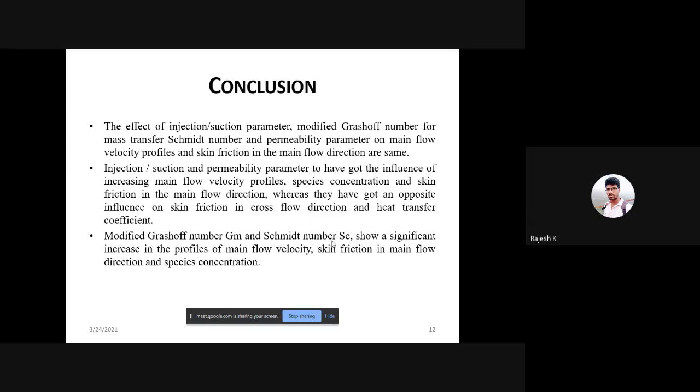The injection suction parameter and the permeability parameter increase the main flow velocity profile, species concentration, and skin friction in the main flow direction, whereas they have an opposite influence on skin friction in the cross flow direction and the heat transfer coefficient. The modified Grashof number GM and Schmidt number SC show a significant increase in the profile of main velocity, skin friction in the main direction, and the species concentration. So this is my conclusion.